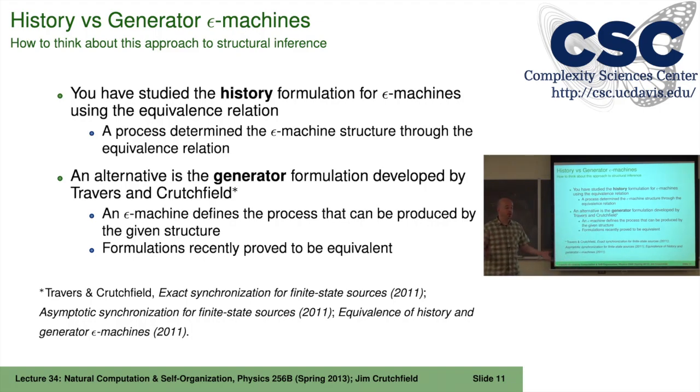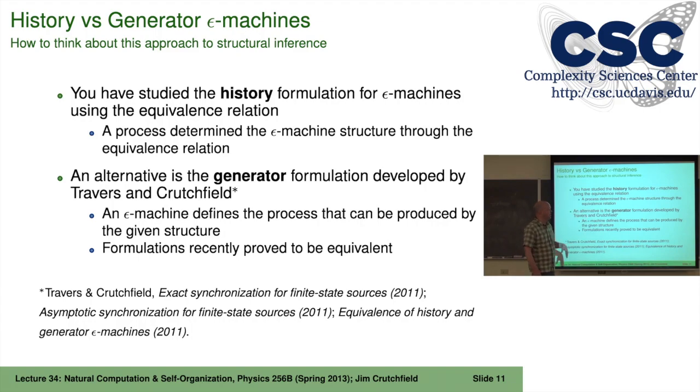So you group equivalent histories if they have the same future morphs. And there's another way to think about this that's been employed by Nick Travers, who's finishing up his PhD now. There's a whole series of papers related to synchronization and the equivalence between these two different viewpoints. The other viewpoint is a generator formalism for epsilon machines, and it turns things around.